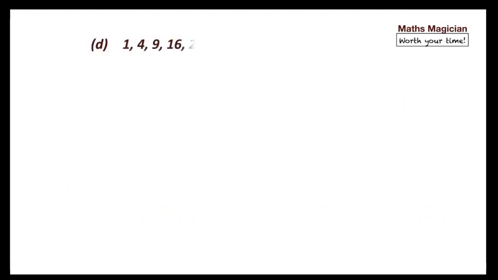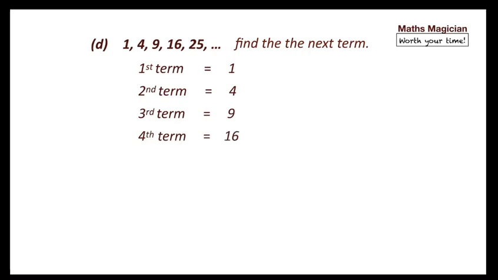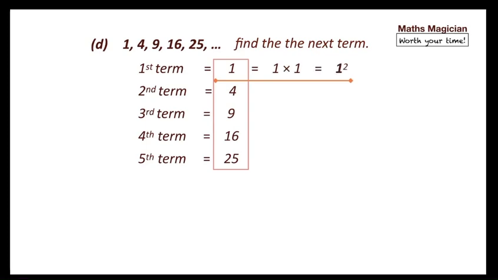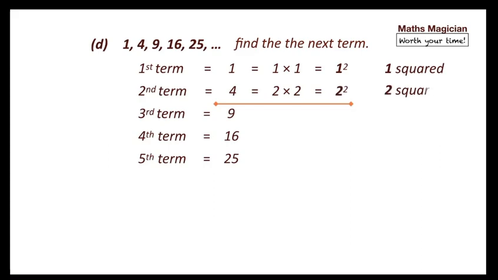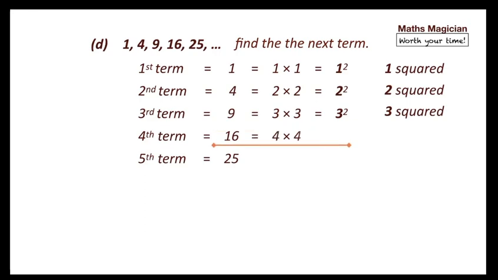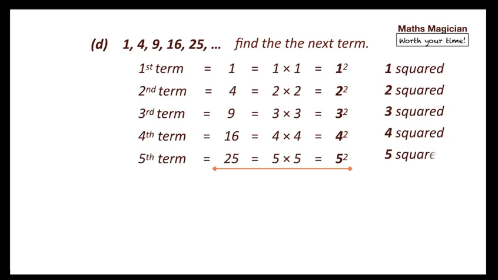Fifth sequence: for this sequence we have to find the next term. Let's write the terms of the sequence with its term numbers. By looking at these numbers, we know that these are square numbers, which means that they are squares of some numbers. So let's write it that way. 1 can be written as 1 squared, 4 as 2 squared, 9 as 3 squared, 16 as 4 squared, 25 as 5 squared.